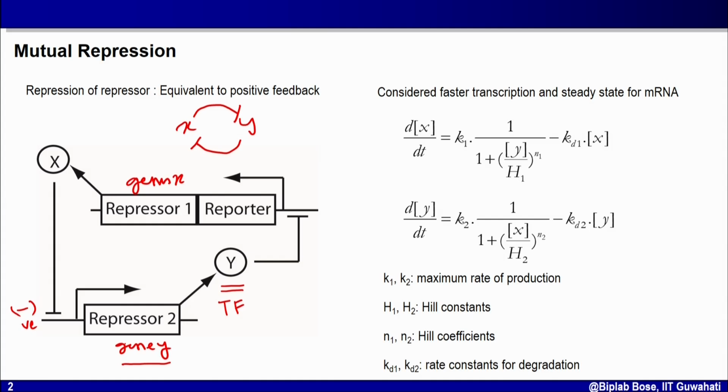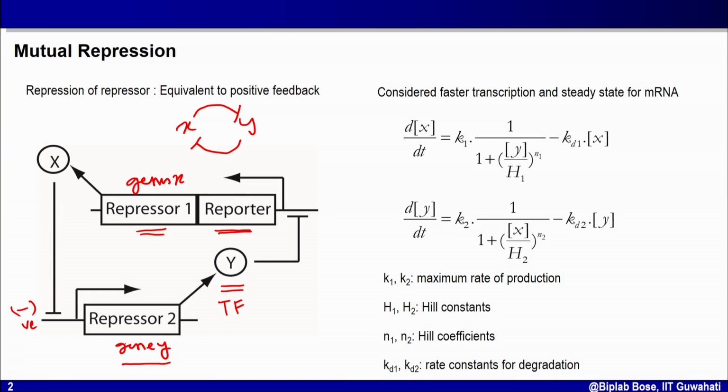In the diagram shown here, if you notice, we have shown a reporter gene fused with repressor 1. Repressor 1 is nothing but gene X. Now, many a time to do an experiment based on genetic network, we require a reporter gene like GFP, which will give us an estimate of level of gene expression.